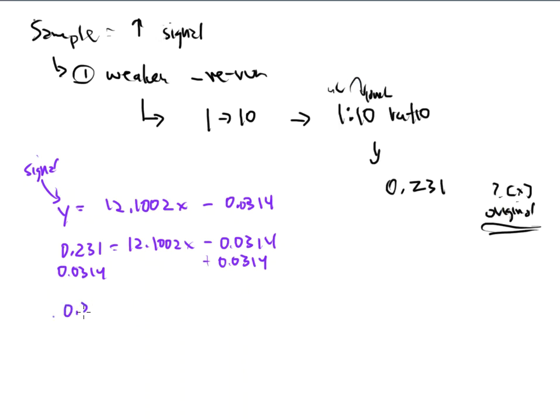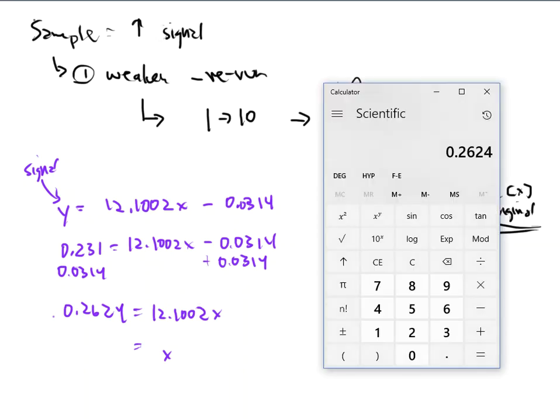All right, so 0.2624 is equal to 12.1002x. So to solve for x, I'm going to divide, right, because that's 12 times x, so we need to do the opposite. I'm going to divide by 12.1002.